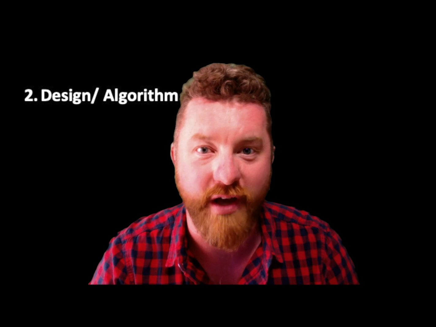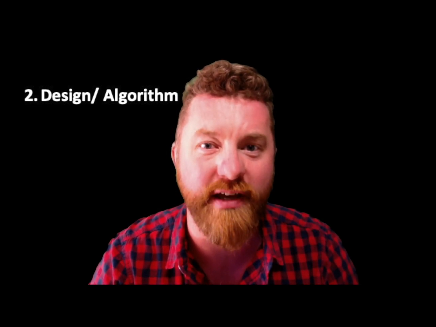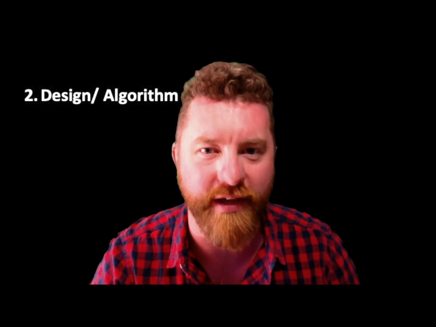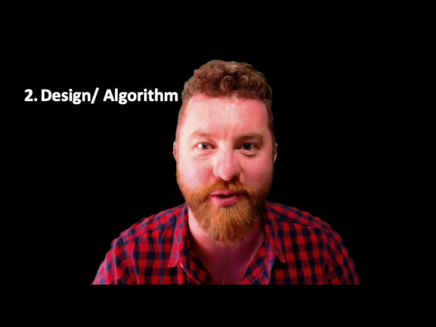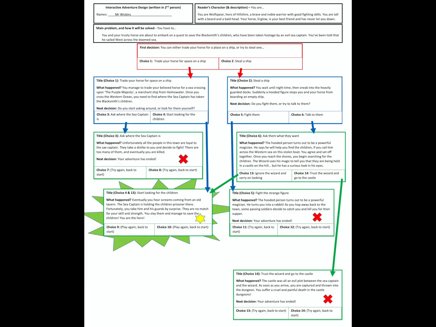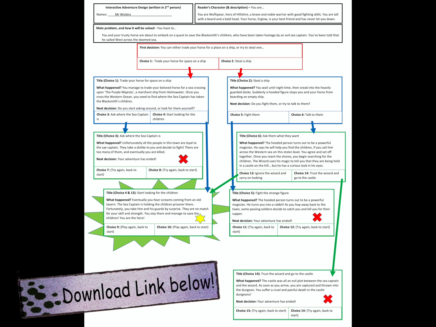Okay, so let's have a look at how we can do the design for one of these Adventure Quest interactive stories. A really good place to start is to download my example algorithm. You can do this by looking at the link directly below this video.